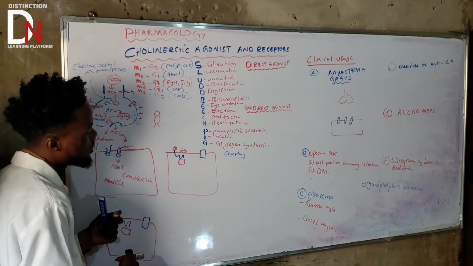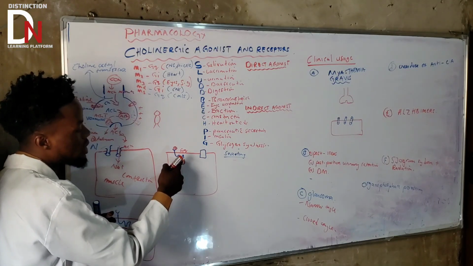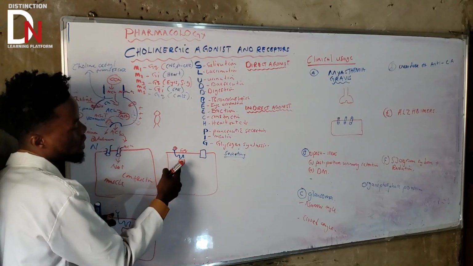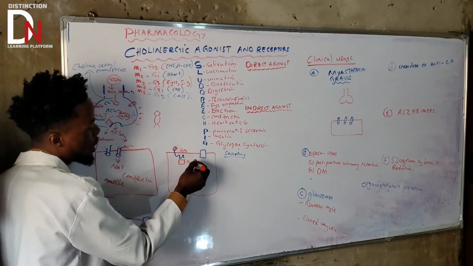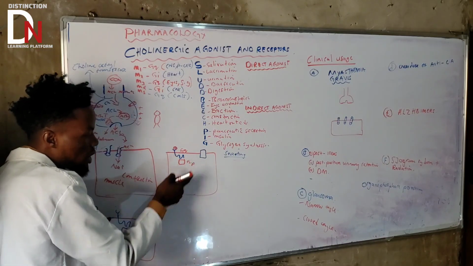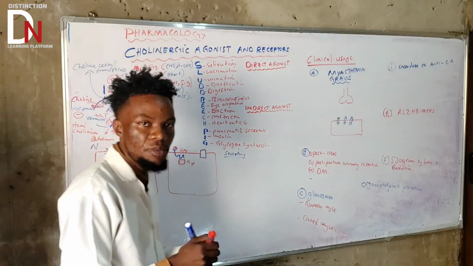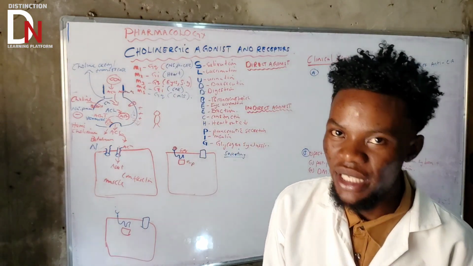Remember that a GQ is a 7 transmembrane type of receptor. It has an intramembrane protein, which is a G protein. So this is a G protein inside there. If this is activated, remember that G protein has 3 types of subunit: alpha subunit, gamma subunit, and beta subunit.